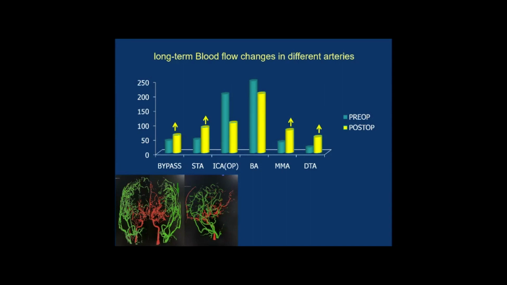And the ICA blood flow was decreased a lot, almost half of the ICA blood volume was decreased. The basilar artery also decreased around 20%. So we can see the blood flow was all substituted by ECA branches.